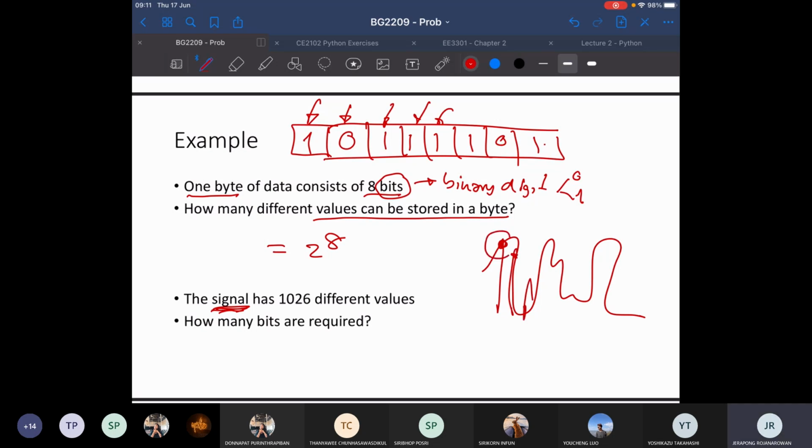So you want to know, if you have 1026 values, in this case, you want to know how many bits you have to store, right? So if you use 2 to the power of 8, how many do you have? 256, I think.